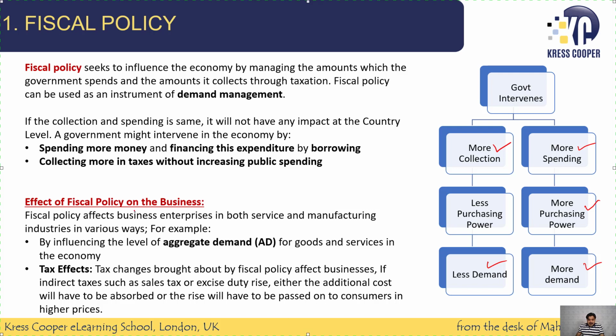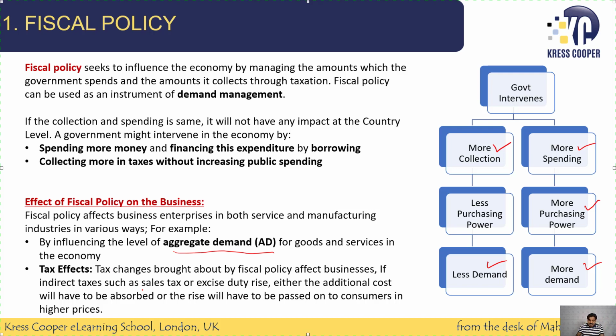What is the effect of fiscal policy on the businesses? As we discussed earlier, government is using this as a tool to control the aggregate demand. Other than this, what will be the tax effect? If the government is collecting more money from the businesses and public, government will be applying taxes. Once the government applies taxes, tax itself will have an impact on the businesses.